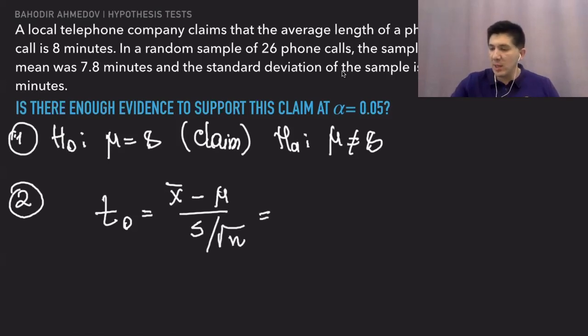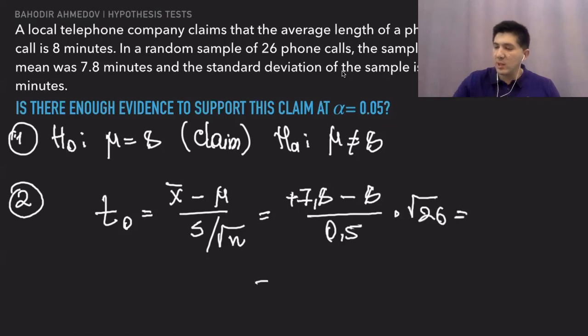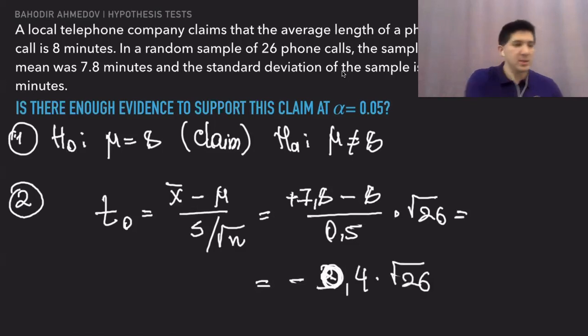So it's going to be minus 7.8, so plus 7.8 minus 8, divided by 0.5 times the square root of 26. It's going to be equal to minus 2 over 5, which is going to be 0.4, right? So 2 over 5, 0.4 times the square root of 26. Let me calculate this using the calculator.